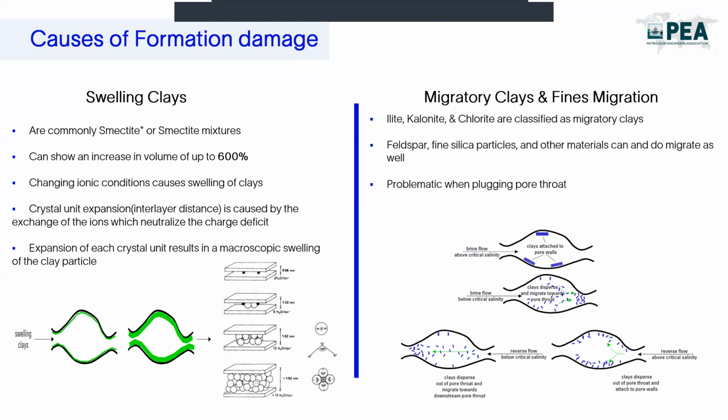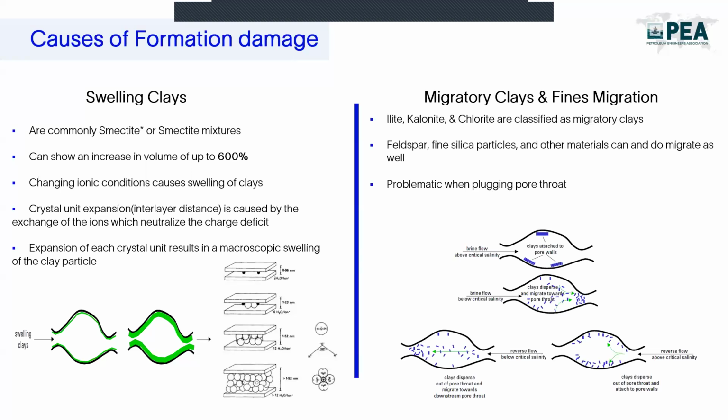Clays are classified based on their crystalline structure, and these structural differences determine the amount of surface area exposed to the reservoir fluids. Some clays will change in volume; they will swell depending on the salinity of the fluids they are exposed to. This is the first type, the swelling clays.